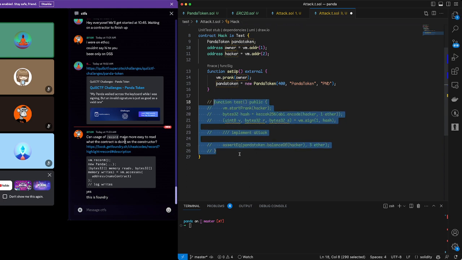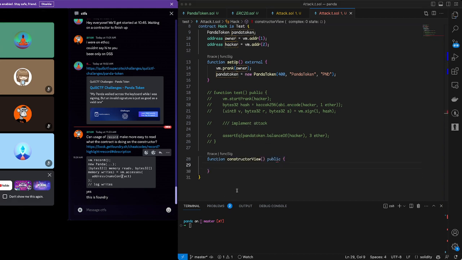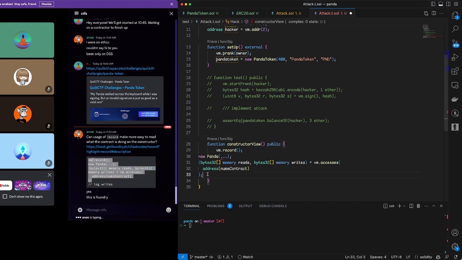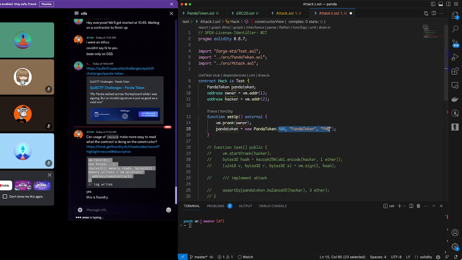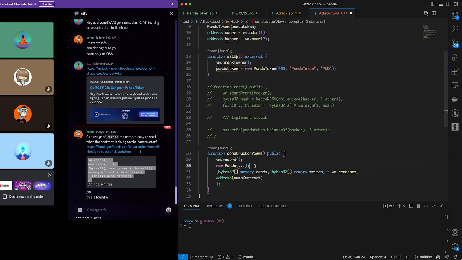Just comment this. We'll say function constructor view, public or external, either one. I'm just gonna copy your code, Anon. New Panda, we can just copy their input. Or I guess actually we don't even need this because we already have it from the setup, right?